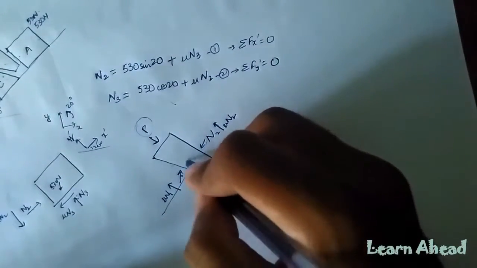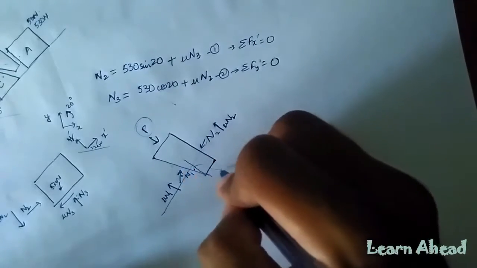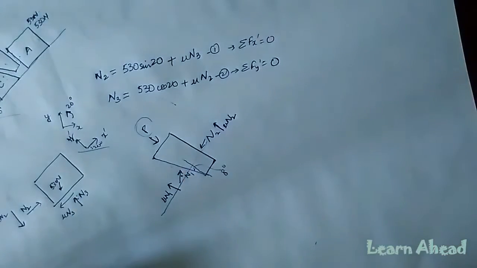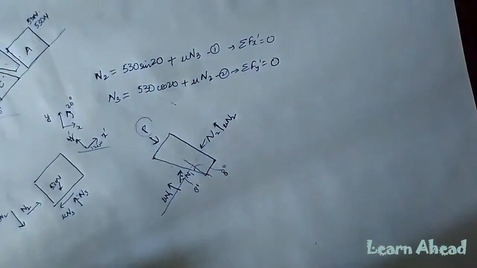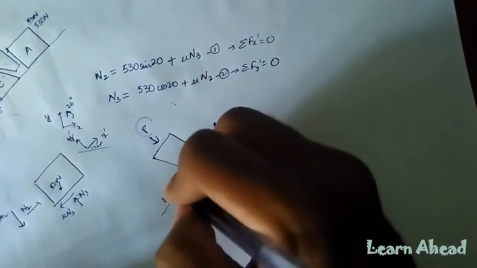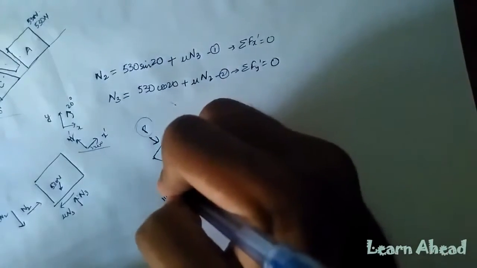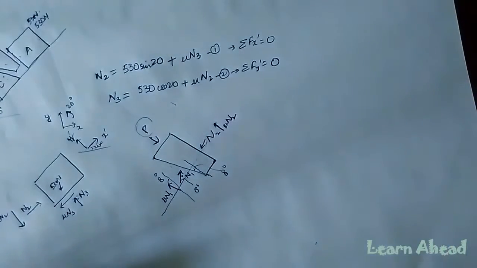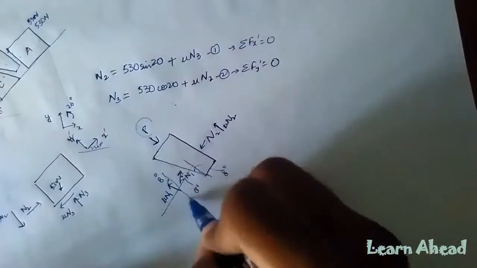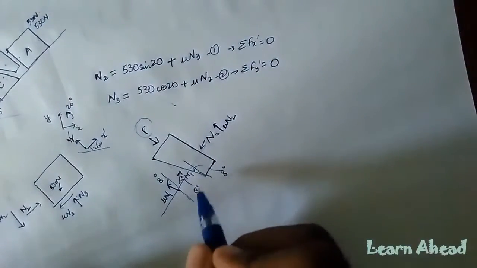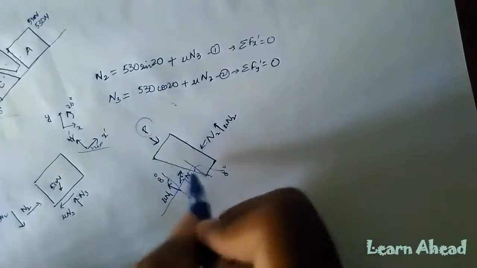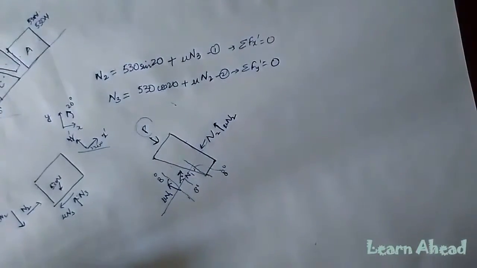This angle is 8 degree. This means this angle should also be 8 degree. This is also 8 degree. And this line is parallel to this line. There may be some inaccuracy in my drawing, but it is what it is.